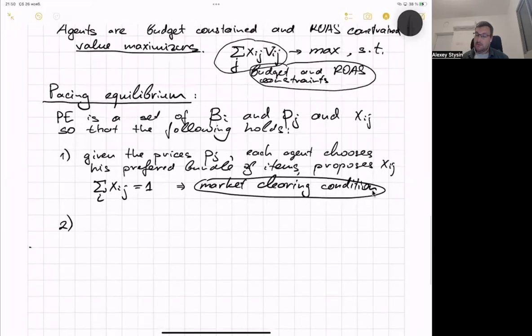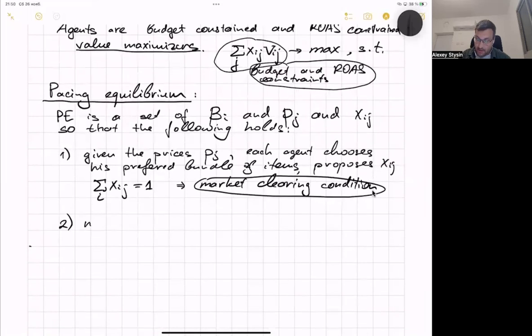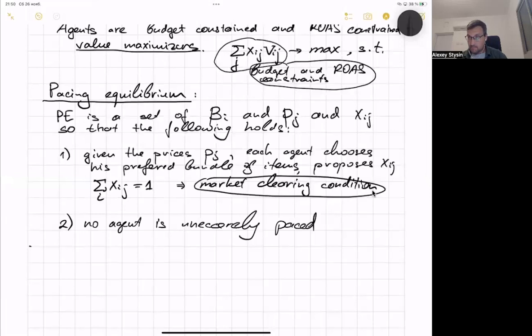Condition number 2 is no agent is unnecessarily paced. And this means that if the agent doesn't spend its full budget, then, and we will see this a little bit later, the Bi's are actually the inverse of the ROAS.